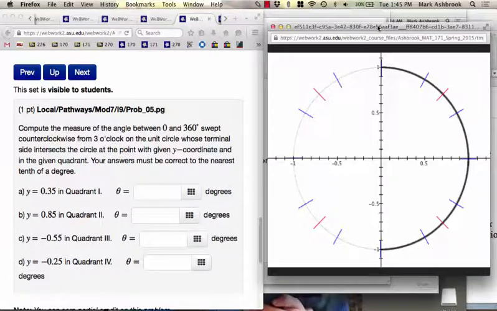Okay, so we want to answer these. It's giving you a y-coordinate, and it's telling you an angle measure that takes you to that y-coordinate in a particular quadrant, and it wants you to find the angle. So for instance, in the first one, y is 0.35.